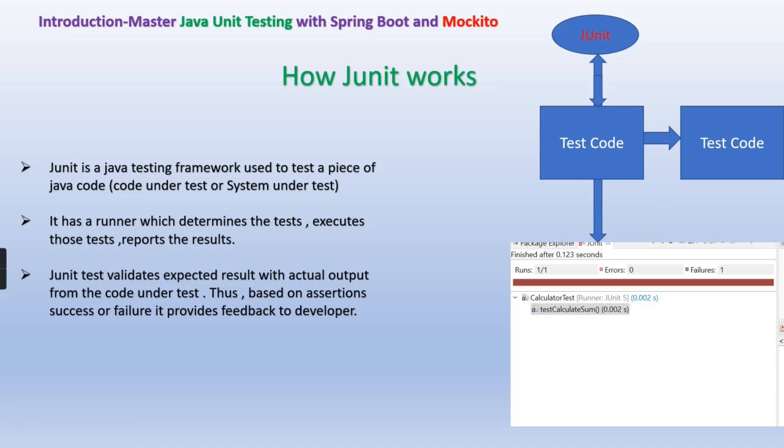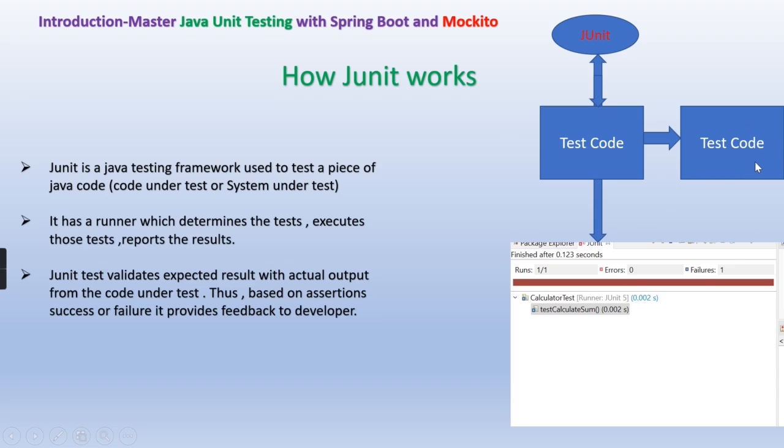So JUnit is a Java testing framework used to test a piece of Java code, the code under test or system under test. It has a runner which determines the tests, executes these tests, and reports the results. You can see here the JUnit test code and the test runner.